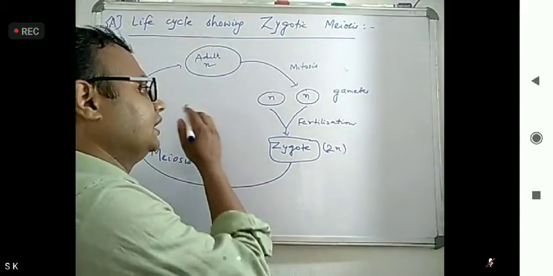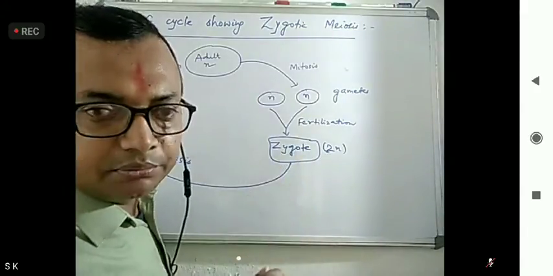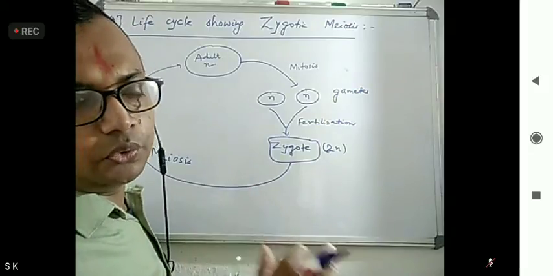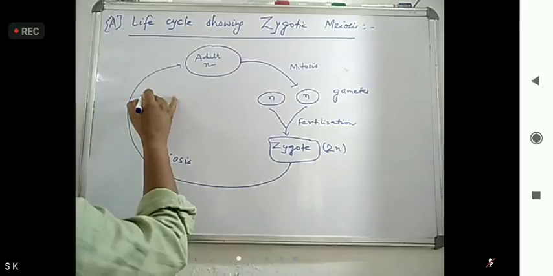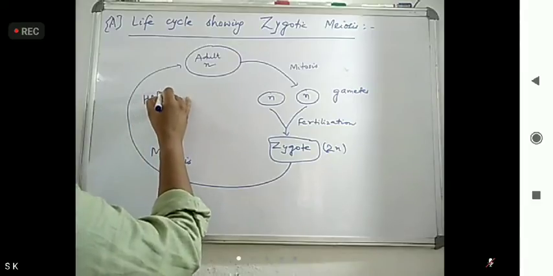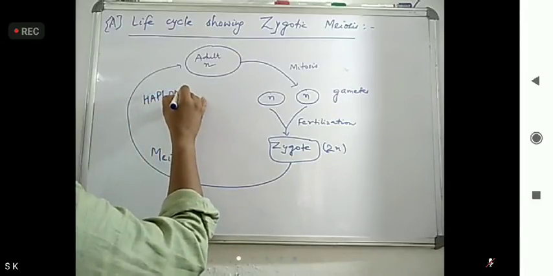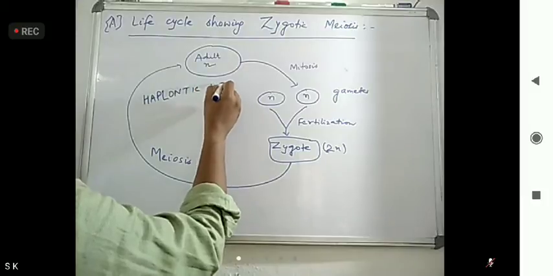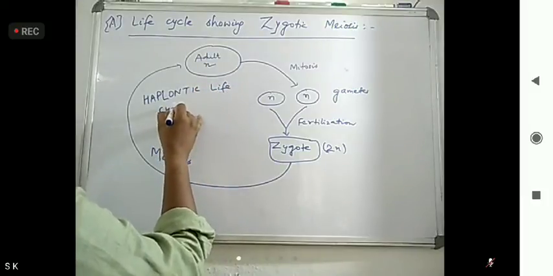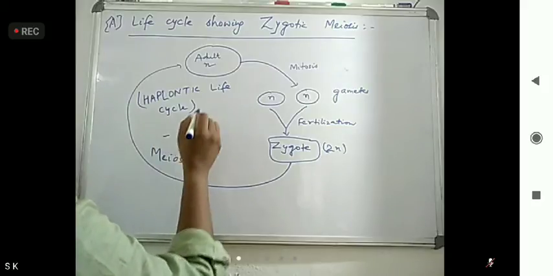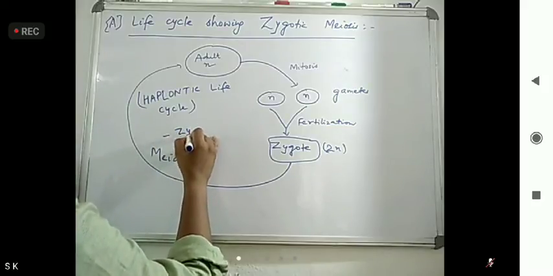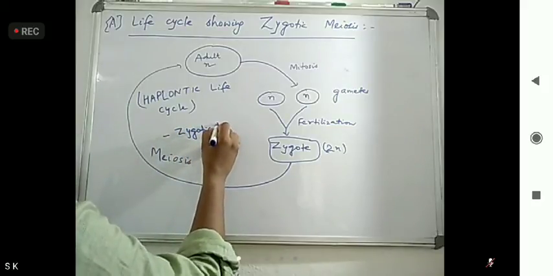And most of the time, the phases are in haploid nature, that's why it is known as haplontic life cycle.